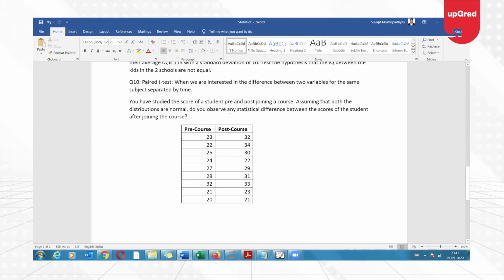So here we are looking at the same subject. The same subject is the student, separated by time, pre-course and post-course, and we are interested in the difference between the two variables. So let's put these values in Excel.